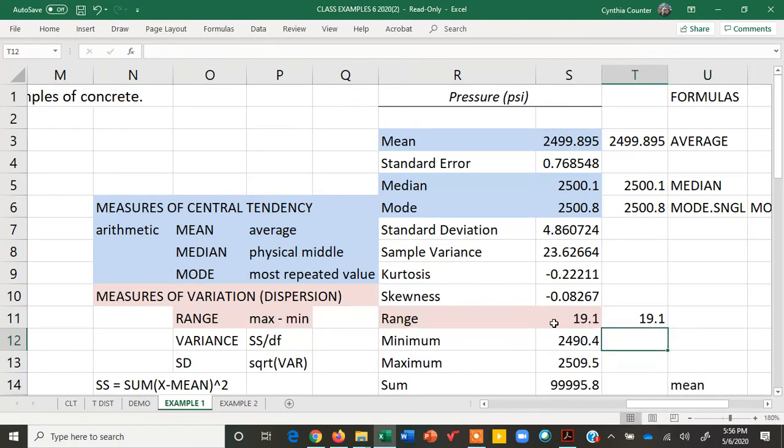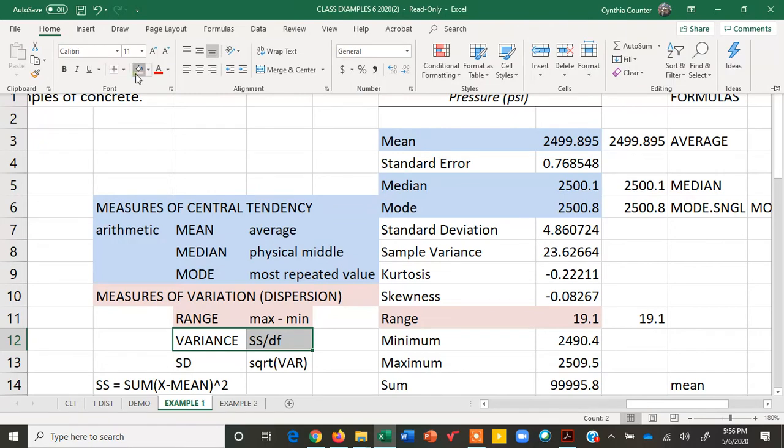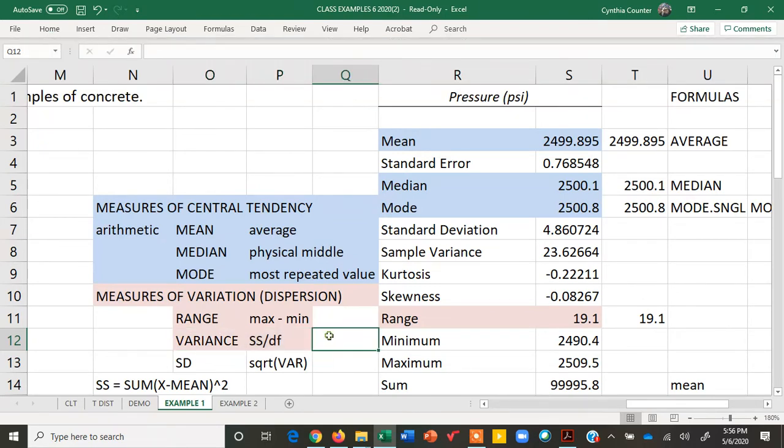All right, so range. So let's now look at variance. We would like a measure of variation that does not rely on only the extreme values, but takes all the data values into consideration.